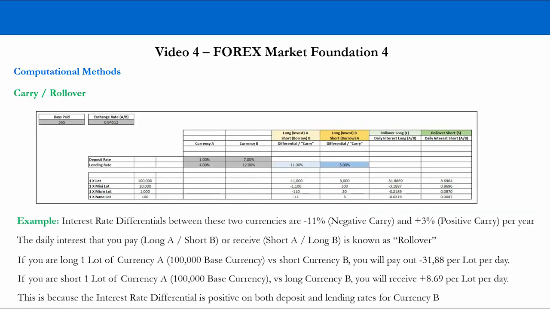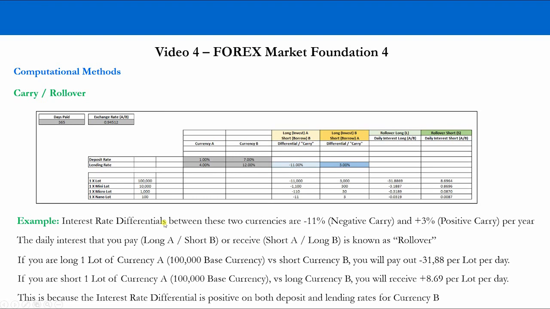And what we've got here is a table, and it's a carry or rollover table. And we'll go into Excel in a second, but basically what really matters here is what we call the interest rate differential.